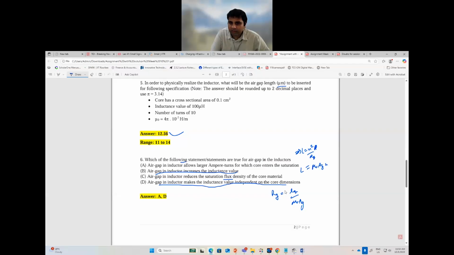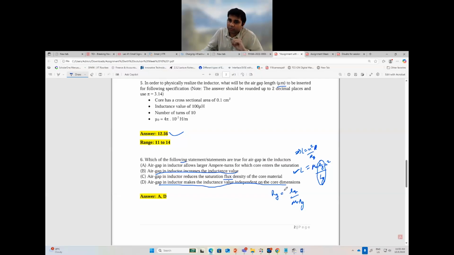So nowhere in this expression of inductance does your core dimension come into the picture. That is the beauty of insertion of an air gap: the moment you introduce the air gap, the inductance value is independent of the core dimensions.